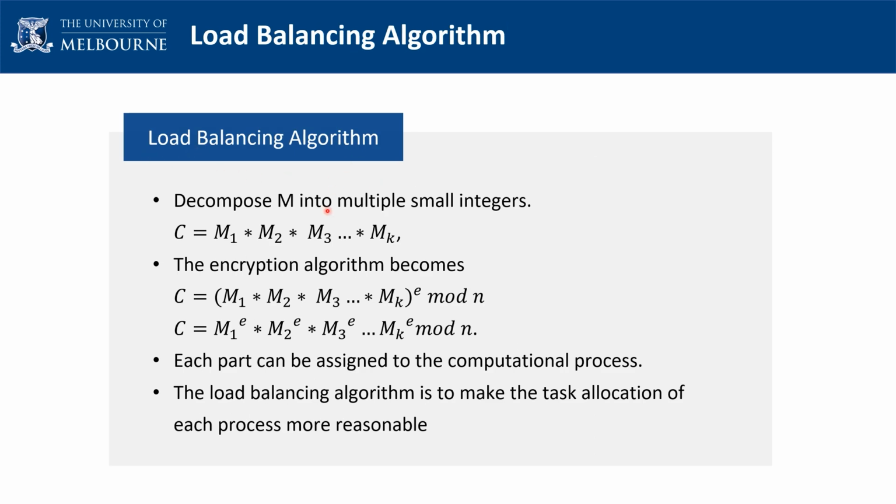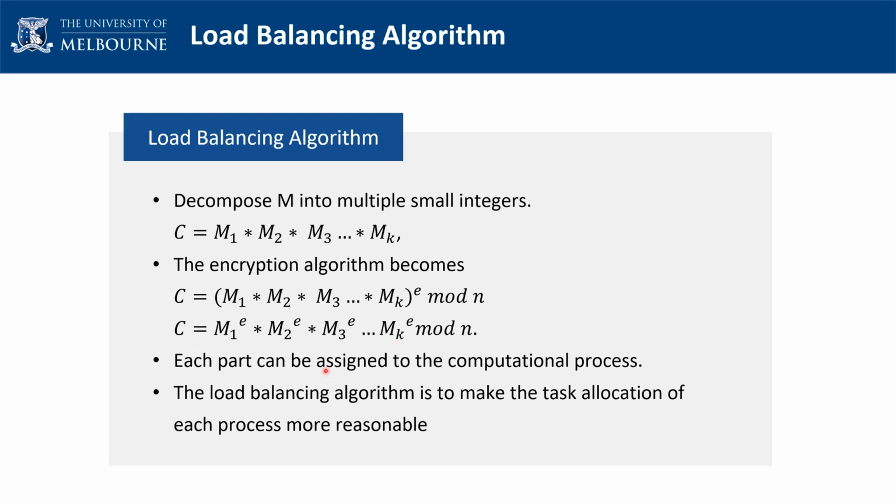This algorithm is used to improve the large integer power multiplication. The idea is as shown: the plain text m can be decomposed into multiple small integers, say m equals m1 multiplied to mk. Then the encryption algorithm becomes c equals (m1 multiplied to mk) power e mod n, and it can be further deformed to c equals m1 power e to mk power e mod n.